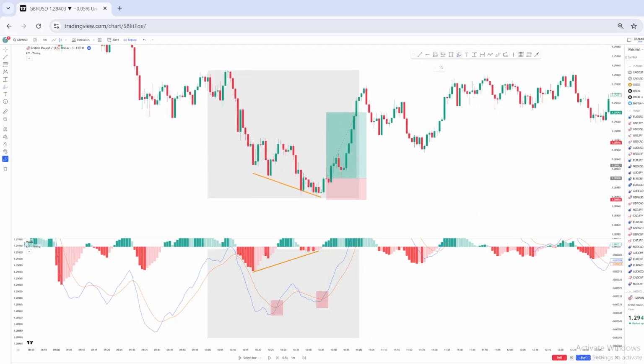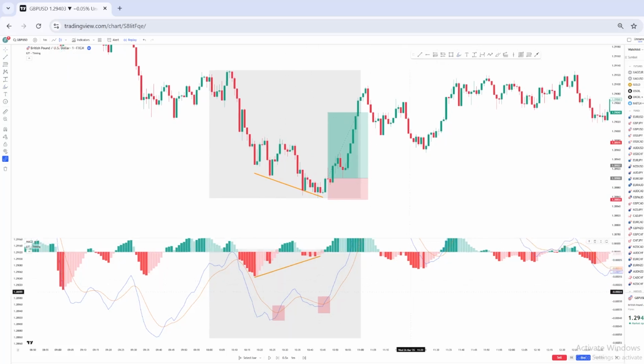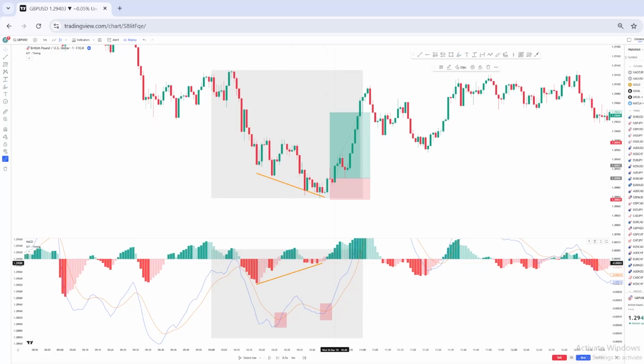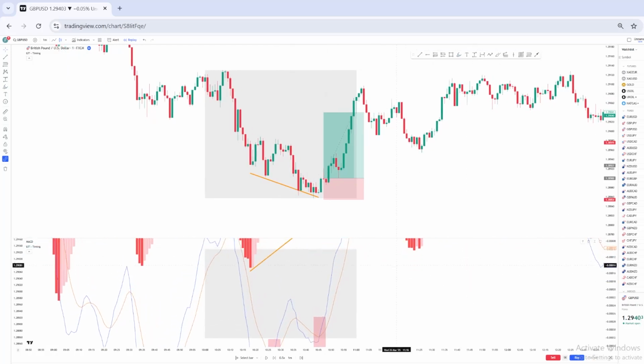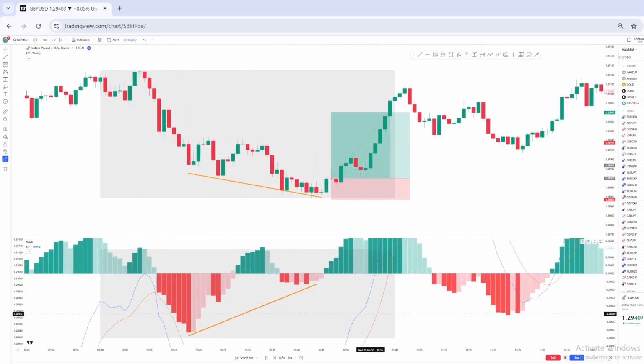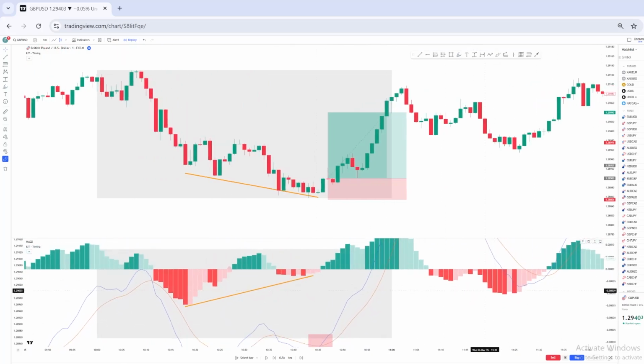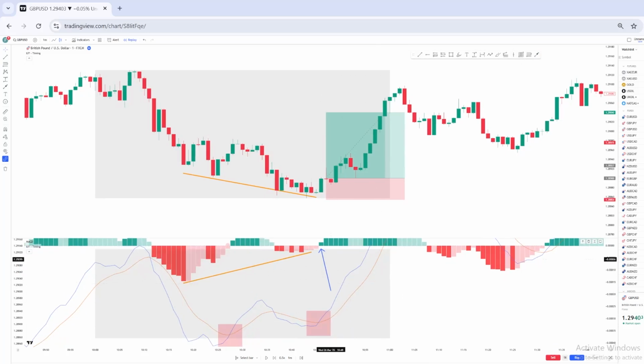They signal these points where, as you can see, if I zoom in, you can see this first green bar here that changed from red to green.